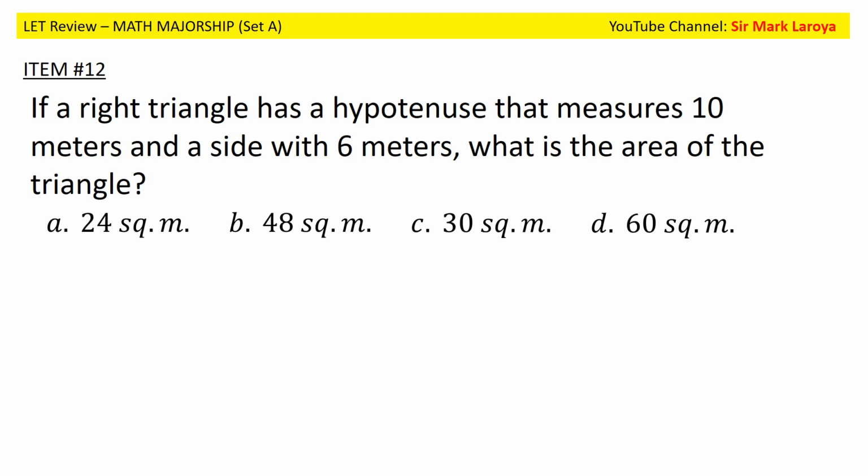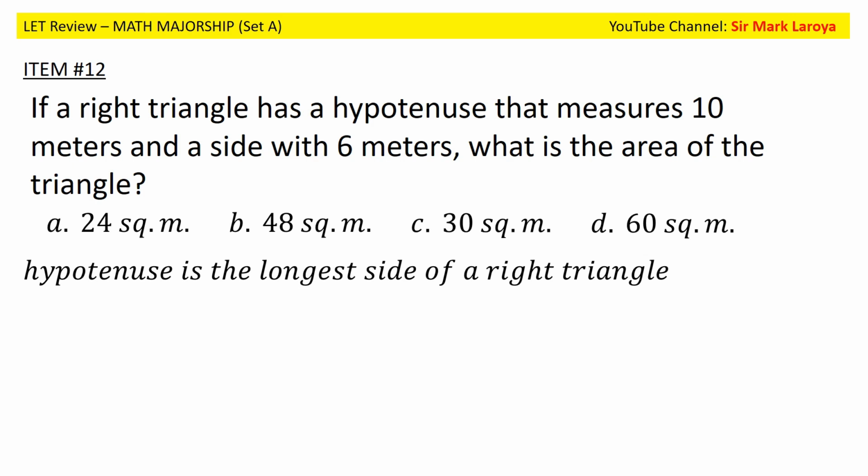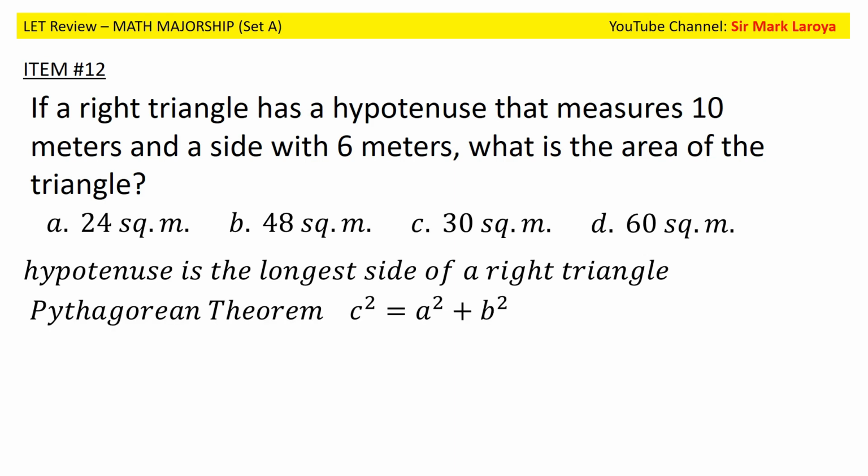Now, in this problem, we have to take note that hypotenuse of the right triangle is the longest side of the right triangle. So, alam dapat natin yan. And then, for Pythagorean theorem, that is c squared equals a squared plus b squared, kung saan yung a, b, and c, yun yung mga sides.